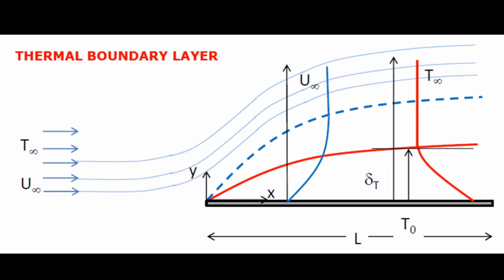However, it is important to remember that the thickness of the thermal boundary layer is generally different to the thickness of the velocity boundary layer, obviously, because the first deals with temperature gradients, whereas the second one deals with velocity gradients.